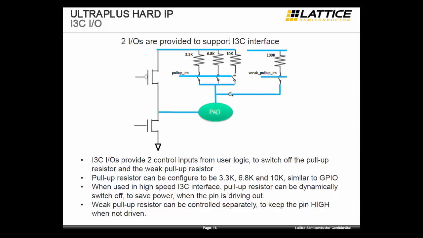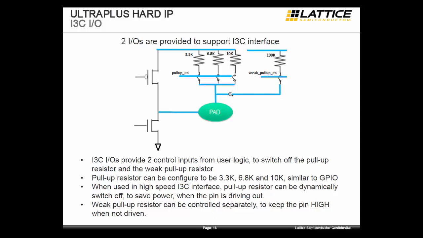The IOs on the ULTRAPLUS family do contain support for I3C IO. I3C is the new standard follow-on to I2C, and this is the new generation. And one of the benefits of I3C is the ability of removing the need for external pull-ups.